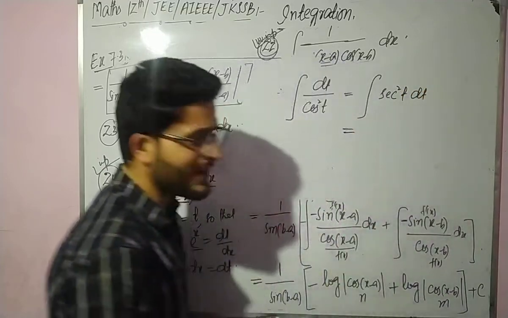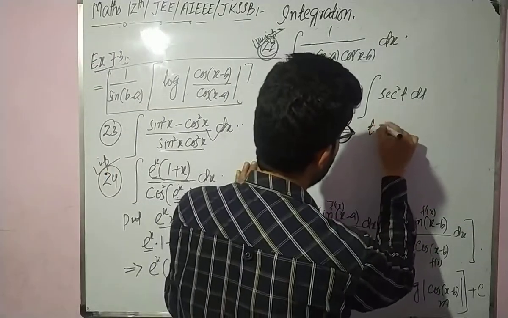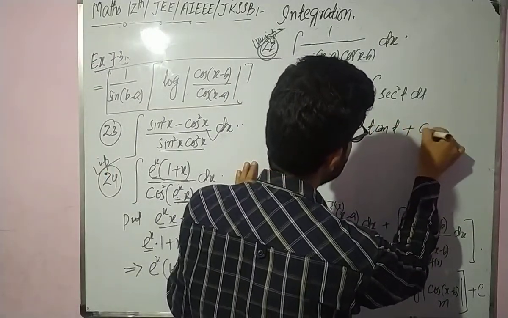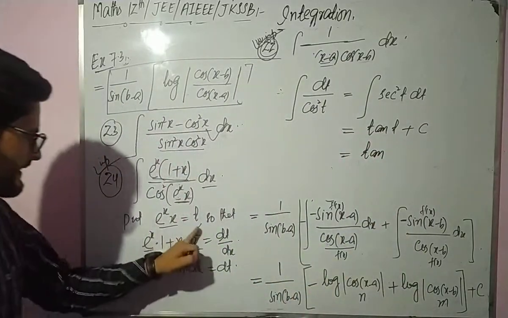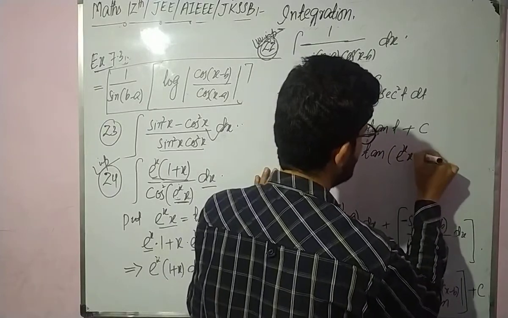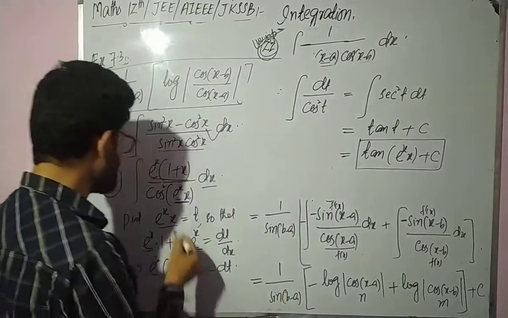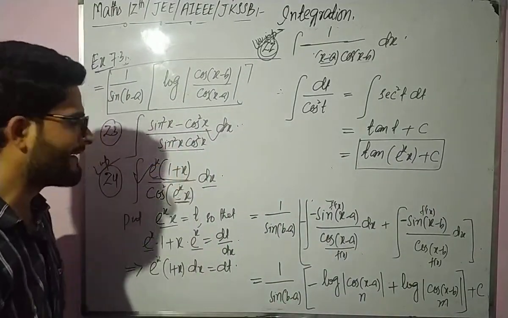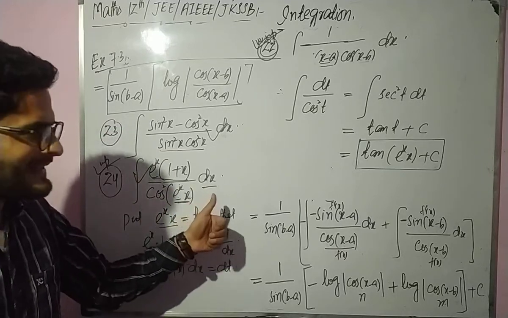Now sec square t dt is a standard integral and its integration is directly equal to tan t plus c. Now put the value of t, what is that? e power x into x, so tan of e power x into x plus c would be the required antiderivative of the function e power x into 1 plus x divided by cos square of e power x into x dx.